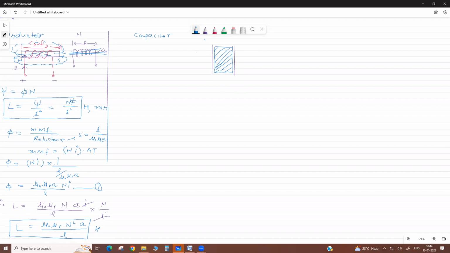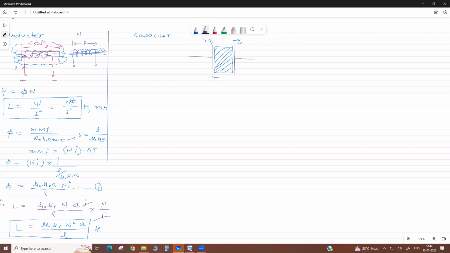Suppose this is the positive plate, where charge is accumulated, and here negative charge accumulates when we give the supply. The plates become polarized.